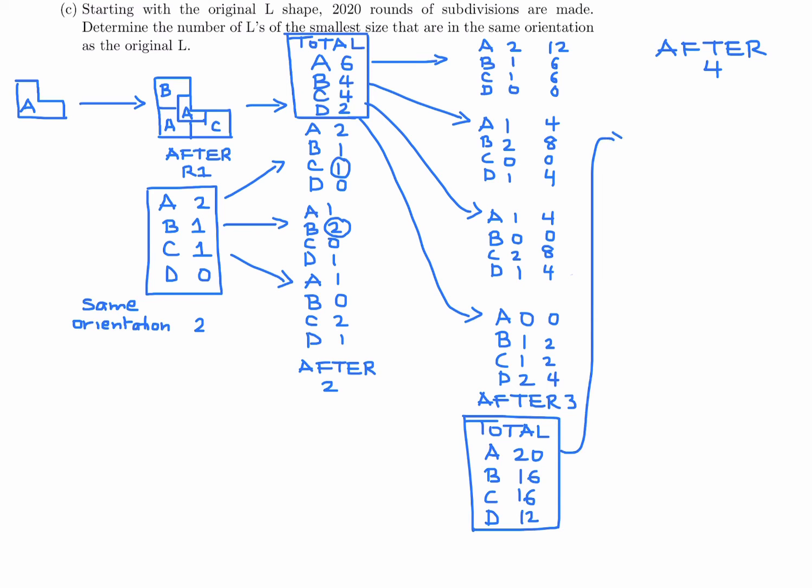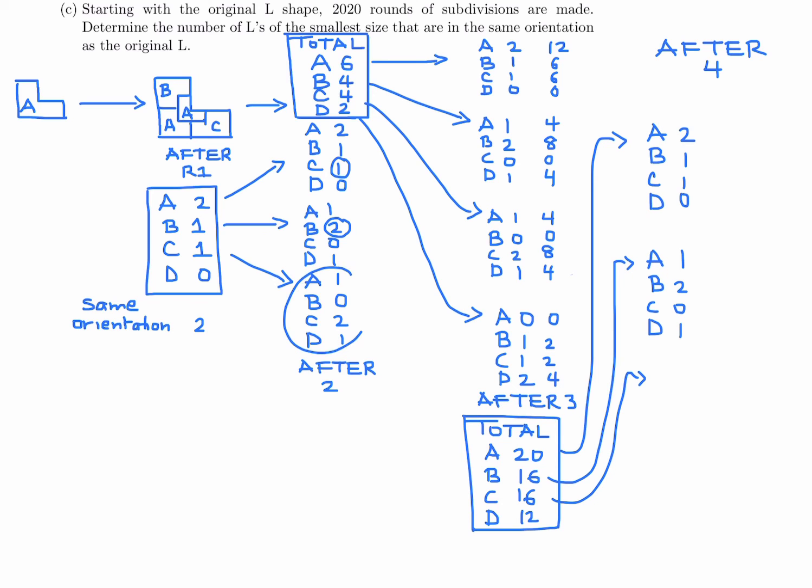We have A. A would produce, you're an expert now, 2110. B produces, you can look back and see what we did previously, this guy, which is 1201. And then C produces this right here, which is 0.